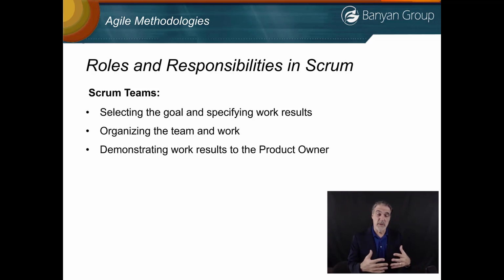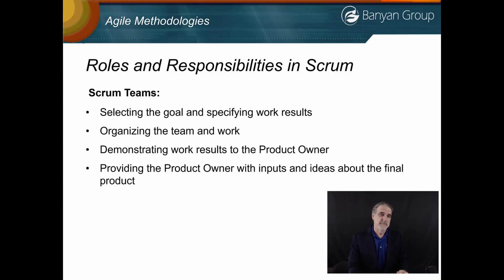And so they're empowered to self-organize and self-direct, demonstrating work results to the product owner. The development team, or the Scrum team, when they're done with an increment of work, they are responsible to present it, to demonstrate it to the product owner, the business representative, and provide the product owner with inputs and ideas about the final product.